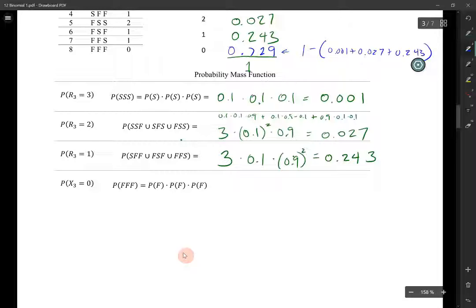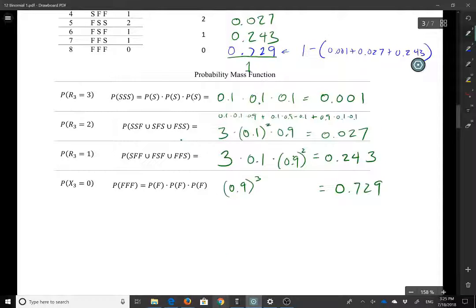Okay, but we can actually continue to do it this way. In fact, it's just the opposite of this one, because here there's only one case, so we don't have this coefficient of 3. So we just have the 0.9 cubed. If you cube it, it turns out that it's 0.729.